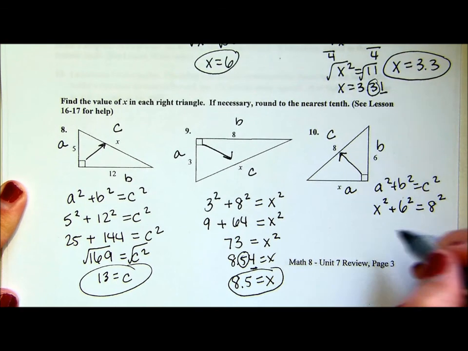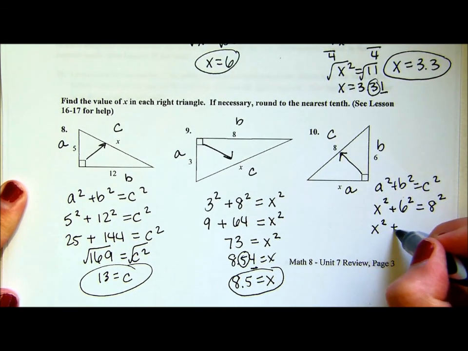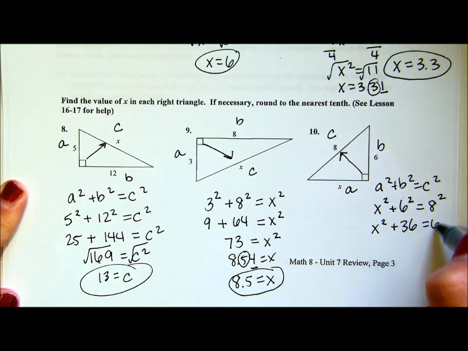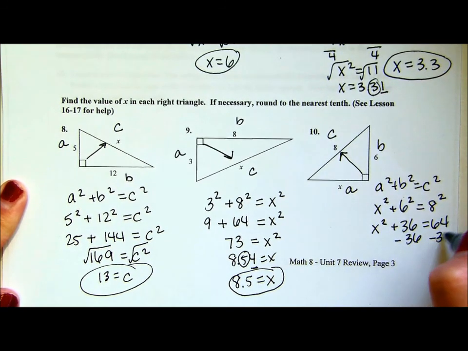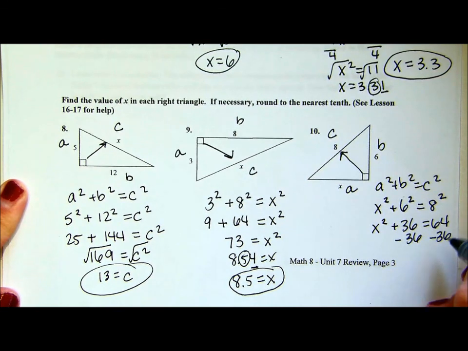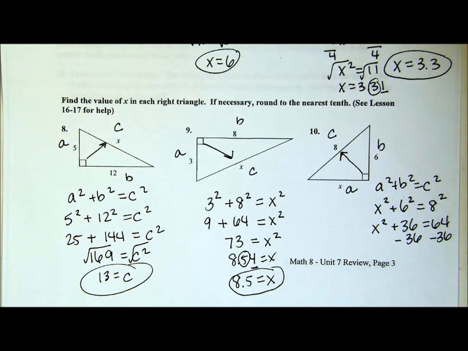Now I'm going to keep this as x squared plus 36 equals 64. I'm going to minus 36 on both sides. And when I do that, I'm going to be left with 28, I do believe. I'm having a little bit of a brain fart here. Yes, 28.